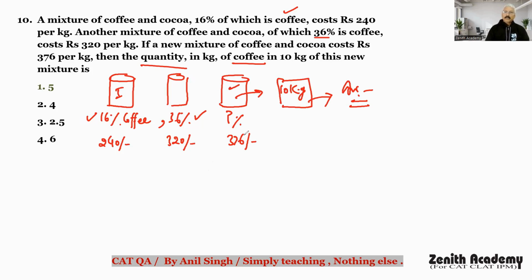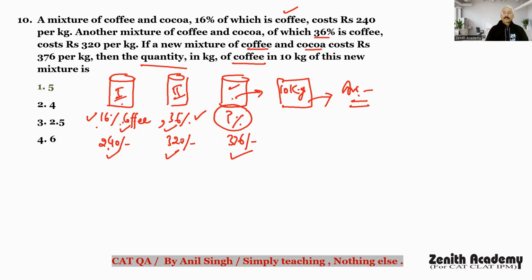Means the third mixture, whose cost is 376 rupees per kg, is also a mixture of coffee and cocoa. In this mixture, the percentage of coffee is not given, as it was in the previous first and second mixtures. In those two previous cases, the percentage of coffee and the price of the mixture are given.